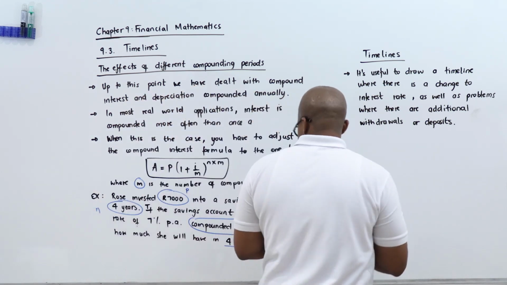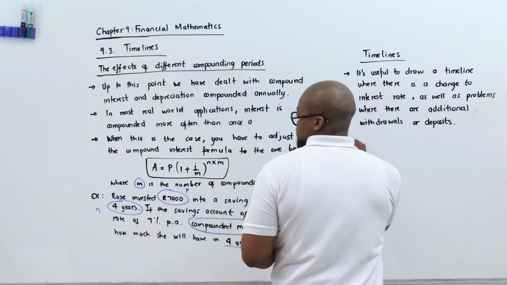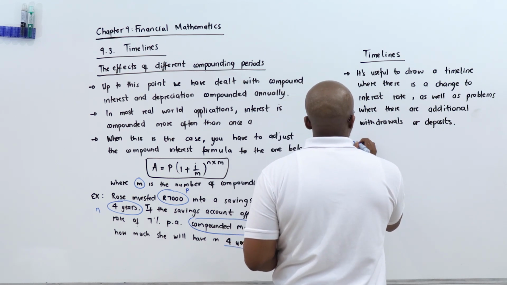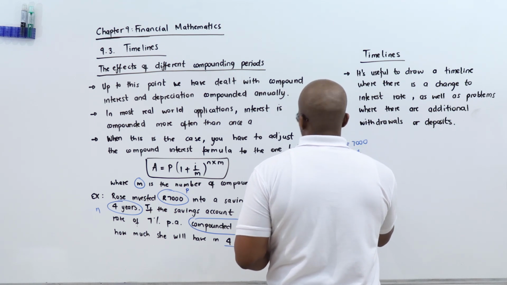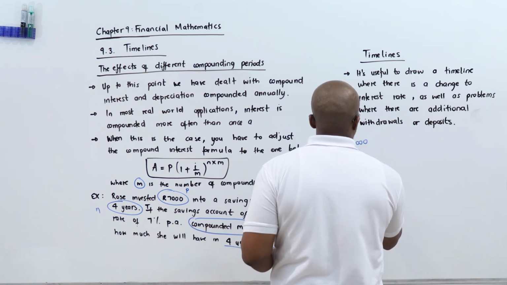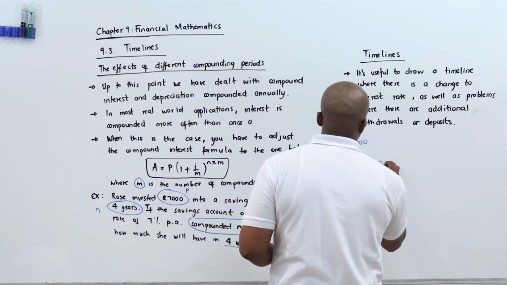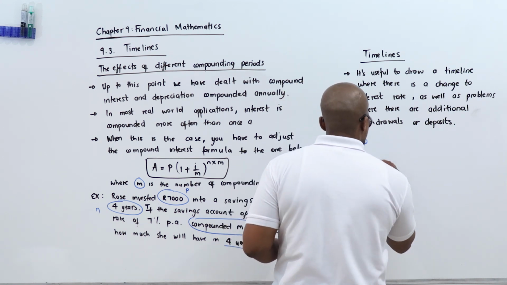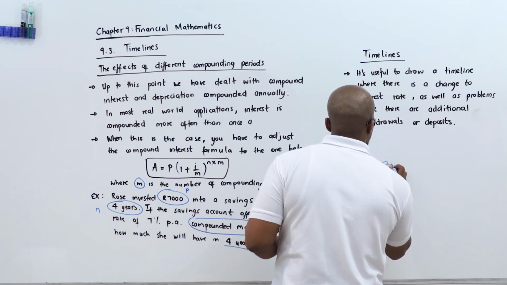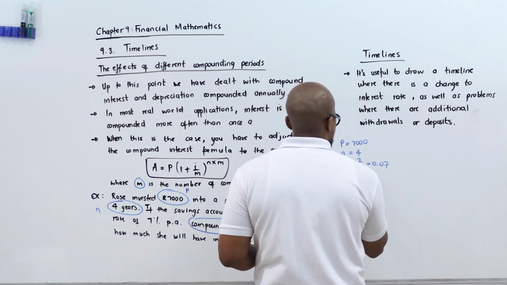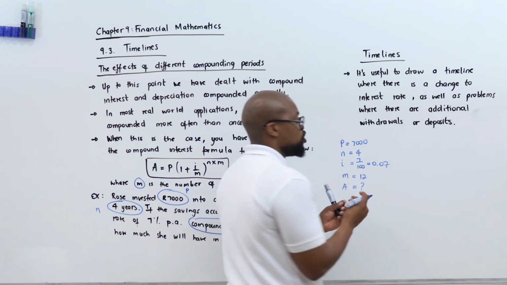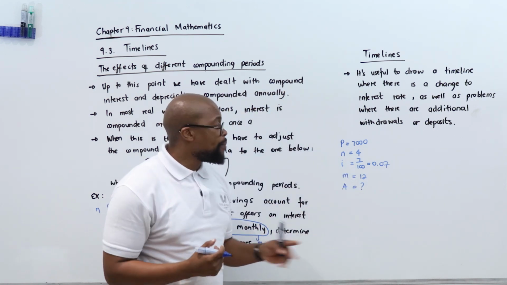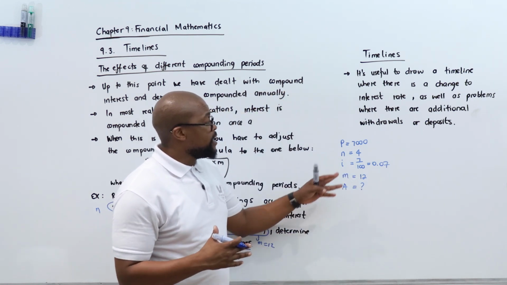Obviously P is going to be 7,000, and then your N is 4 years, and your interest rate is 7%. Remember, you always have to divide that by 100 to convert it to a decimal, 0.07. Then your interest rate is compounded monthly, so M is going to be 12. We need to know what the accumulated value is going to be if your interest rate is compounded monthly over a 4-year period.